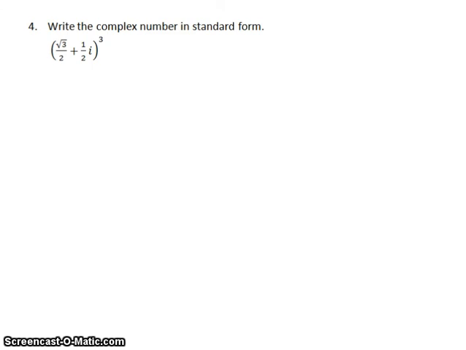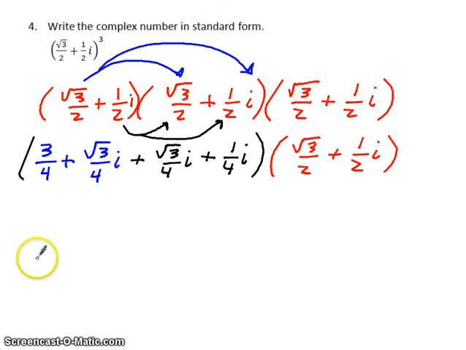Oh goodness, this is going to take a while. Okay everyone, so first thing I did is I expanded. So we have 3 binomials multiplied, and we have to start off by multiplying just 2 of them together. And so I have that process right here. First thing, I got a 3 over 4 and plus 1/4 i squared.